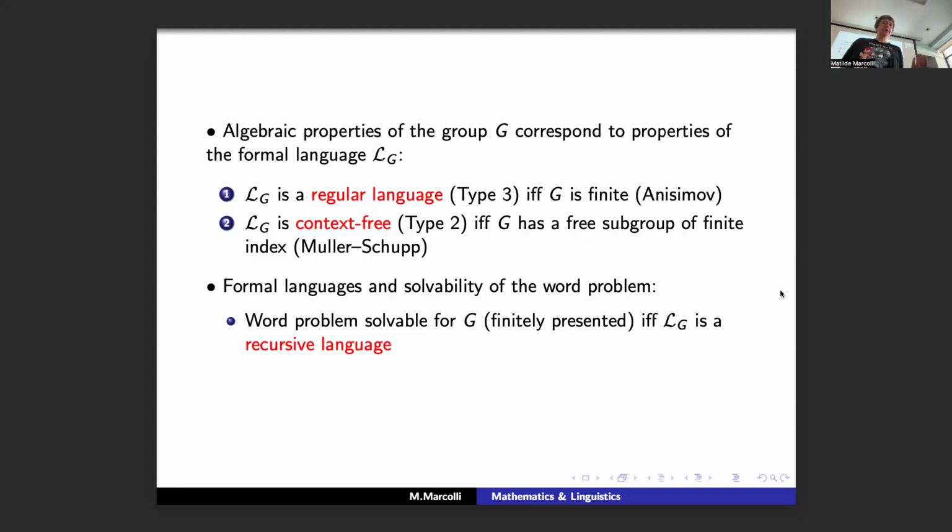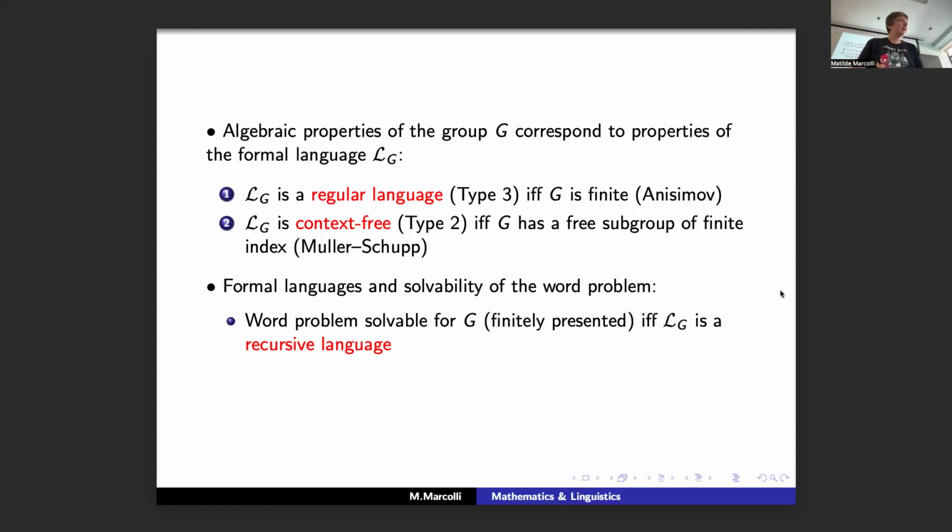So moreover, whether the word problem is solvable, thinking about what I just said about recursively enumerable and recursive, this would be exactly the words that are recursive, right? So that the set and its complement are both recursively enumerable, so they are total recursive.